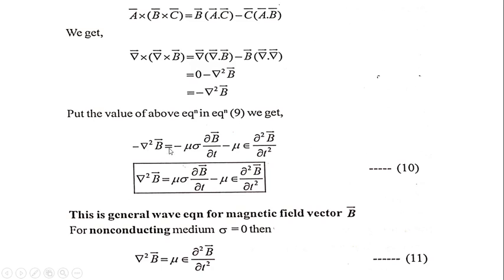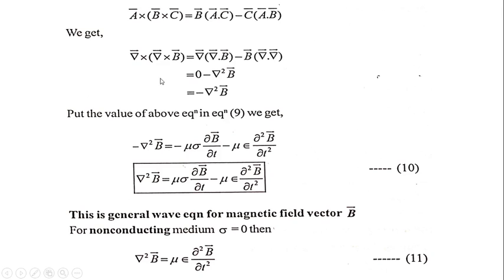Minus del square B bar equal to minus mu into sigma delta B by delta t minus mu into epsilon delta square B by delta t square. So we get del square B equal to mu into sigma into delta B by delta t plus mu into epsilon delta square B by delta t square, and this is the general wave equation for magnetic field B bar.